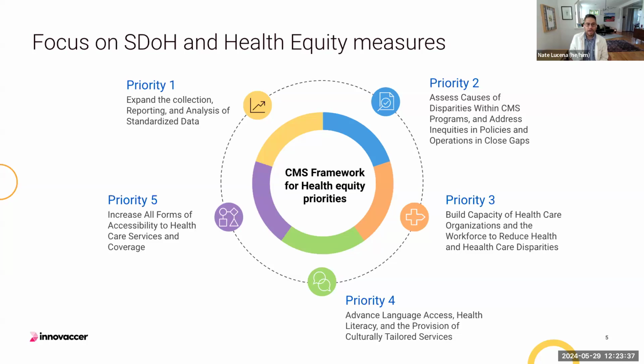And one of the other issues about just going out and collecting the data is we're already over surveying our beneficiaries, right? We're asking them for things all the time.